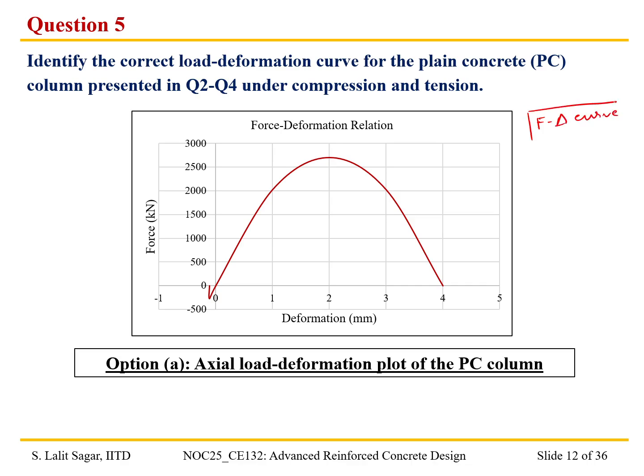So we considered the compressive behavior, and then we considered different values of strain in concrete: 0.001, 0.002, 0.003, and corresponding to 0.004 it is essentially 0.